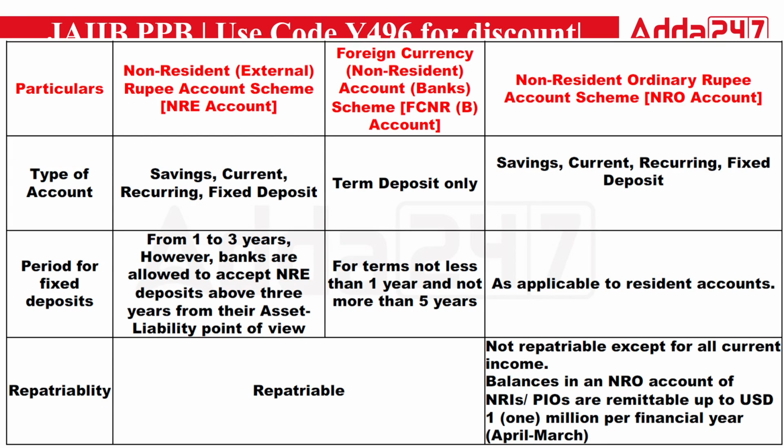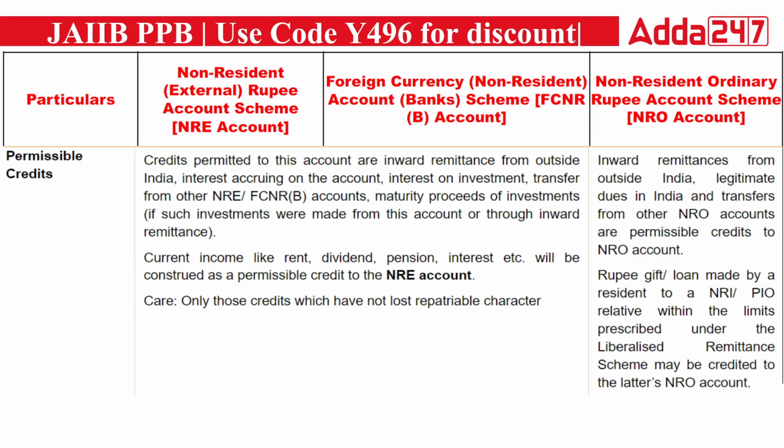Okay. The next thing is permissible credit. In the NRE and FCNR accounts, credits permitted to these accounts are inward remittance from outside India, interest accruing on the account, interest on investment, transfer from other NRE and FCNR accounts, and maturity proceeds of investment.